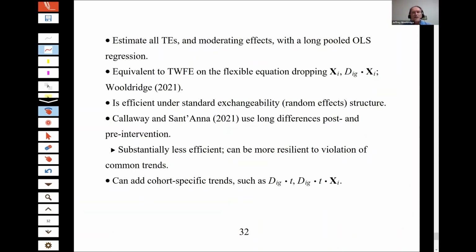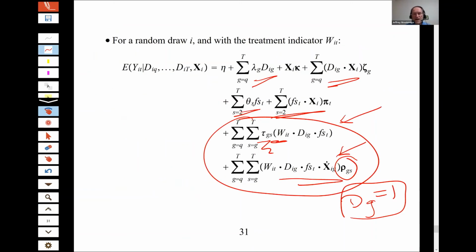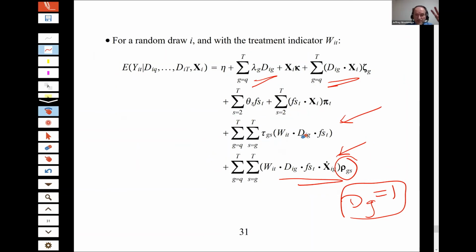Okay, so this is just a long pooled OLS regression. I show that there's an equivalent two-way fixed effects estimator. And so now we can see the complaints about the two-way fixed effects that were the basis for a lot of this work come from the following.